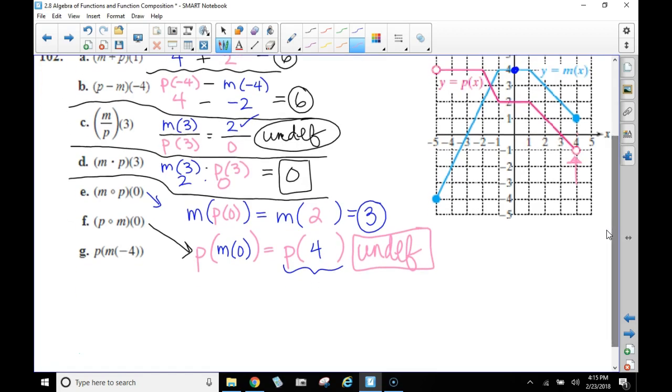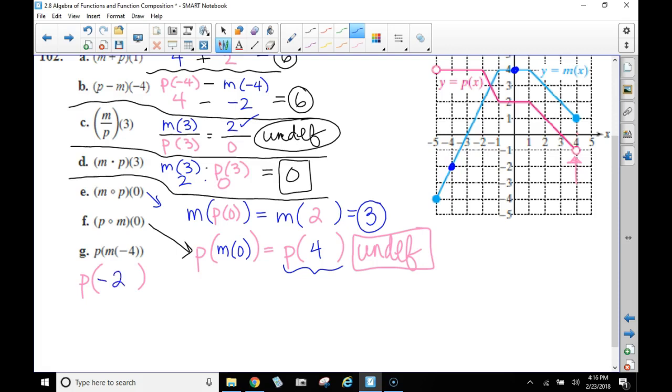All right, on G. This one already wrote it for us. So the outer function is the P function. First of all, we need to find what is M evaluated at -4. M evaluated at -4 is -2.